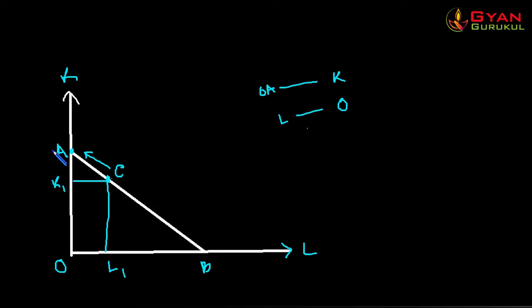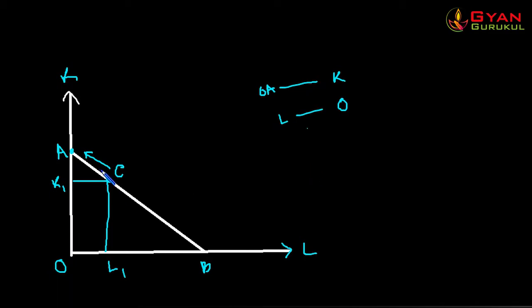So in those production processes where you can produce the commodity even with only a particular factor of production, only in that case we see perfect substitutability. That means we can perfectly substitute one factor for another.